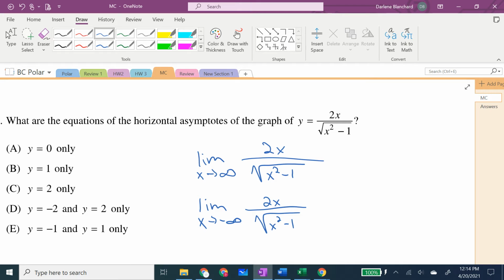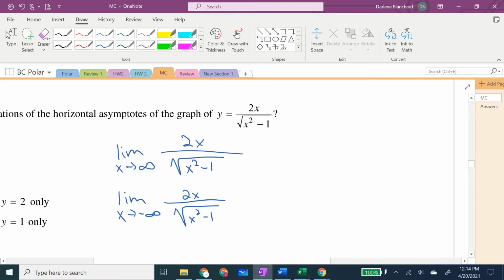Do you see that that minus 1 is not going to affect infinity? With that understanding in mind, I put an equal sign. This is going to turn into this.